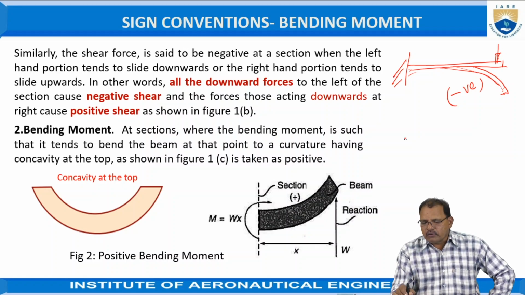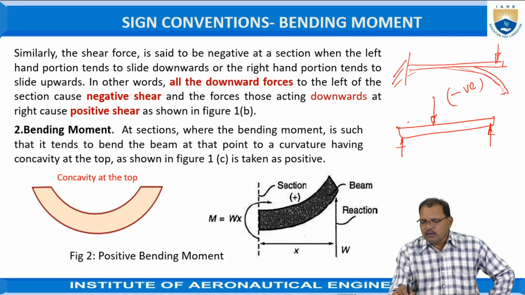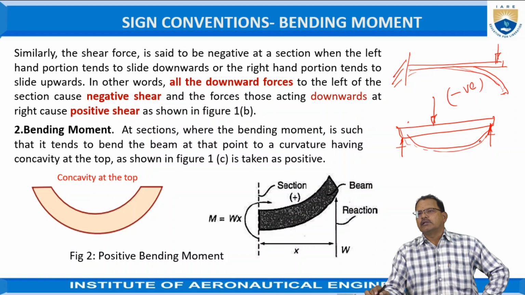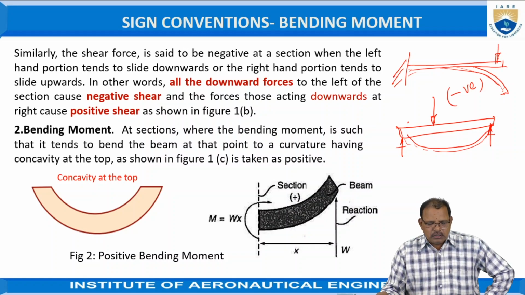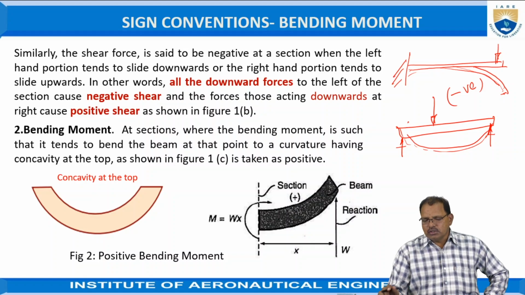But if you take another one now, here there are two forces. Because of this force, it bends in this direction. That is, the concavity is at the top position now. So this moment is treated as positive now.